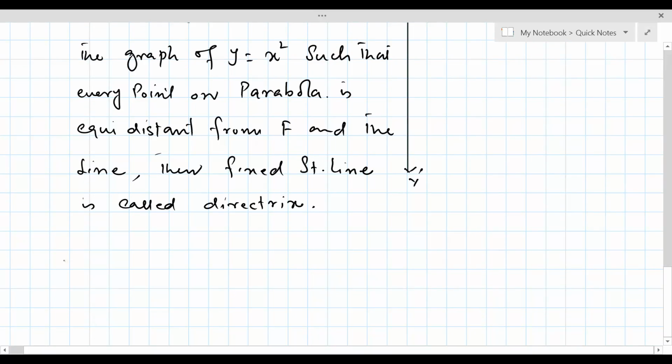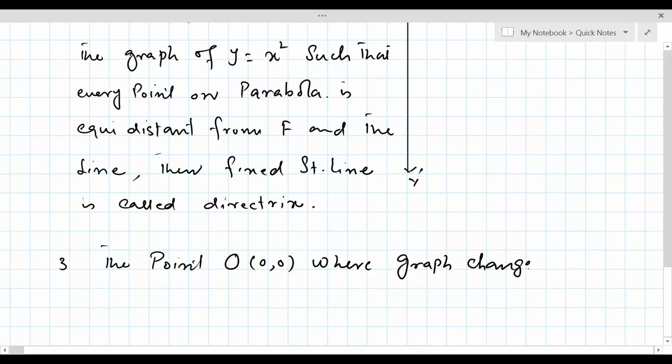So number 3, the point O (0, 0) where the graph changes its course is called the vertex.